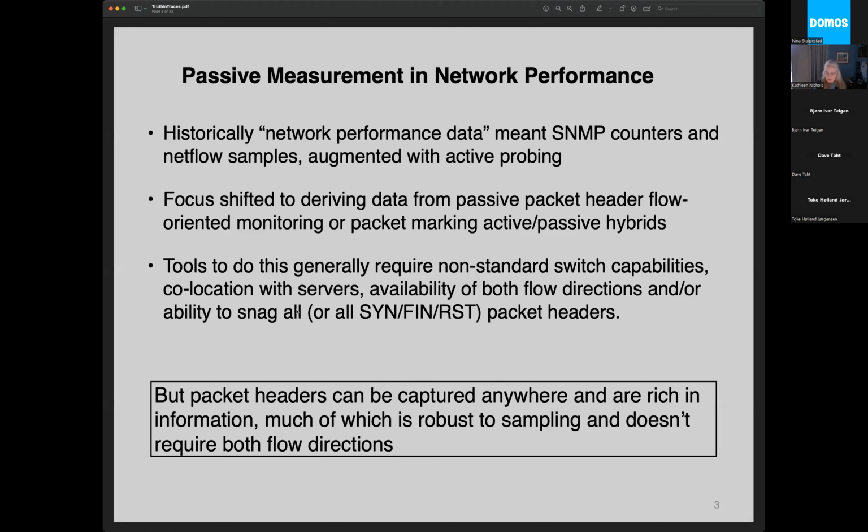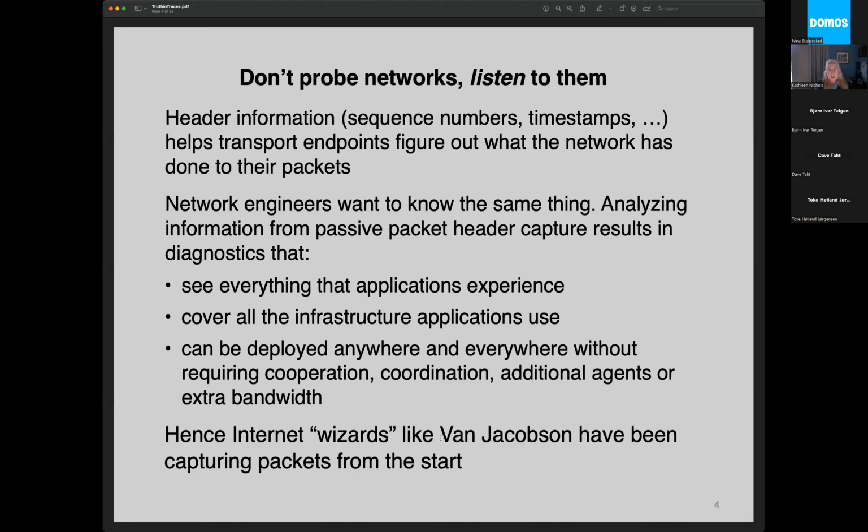That information can be robust under sampling, and it doesn't necessarily require both directions of a flow, depending on what you're after. So my message is, don't probe networks, don't get your cattle prod out there and stick them with active measurements, but instead listen to them, just sample the packet stream.